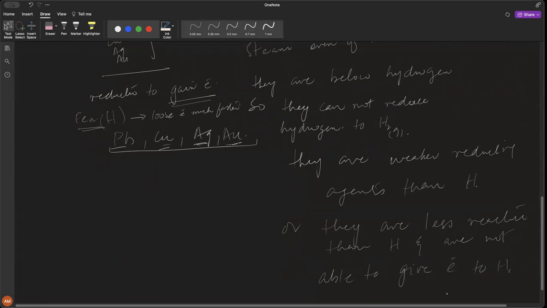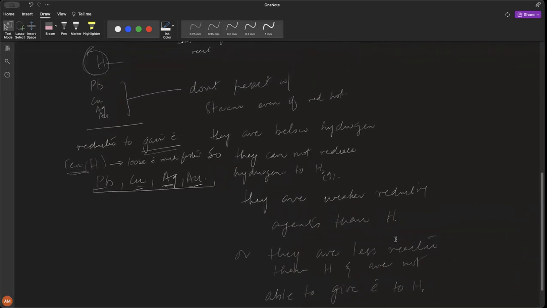You understand? So they are not going to react with steam as well. If they were not reacting with steam, how could they have reacted with water? So they do not react with steam, and we'll see that they do not even react with acids. I want you to write this down.